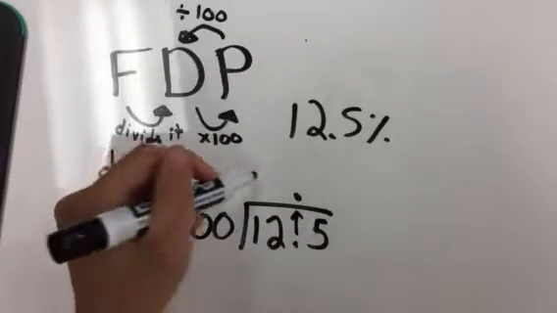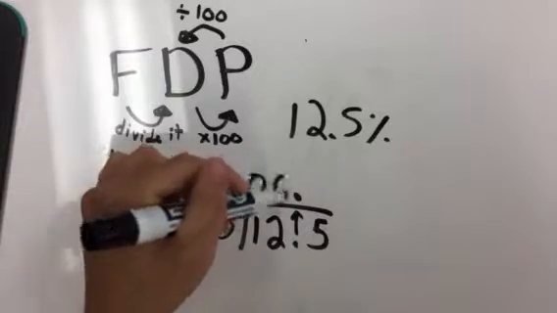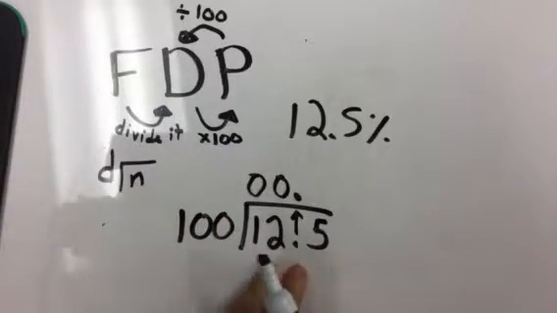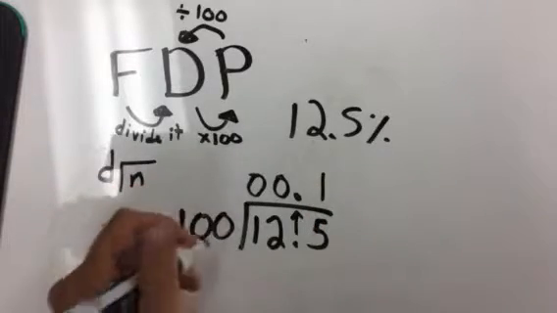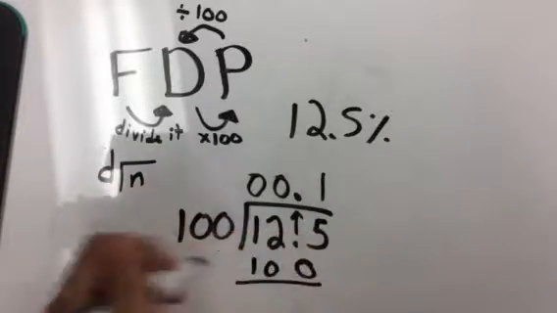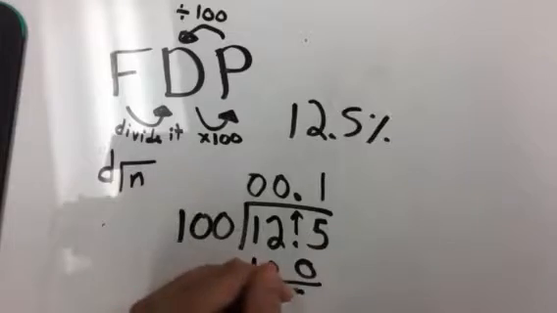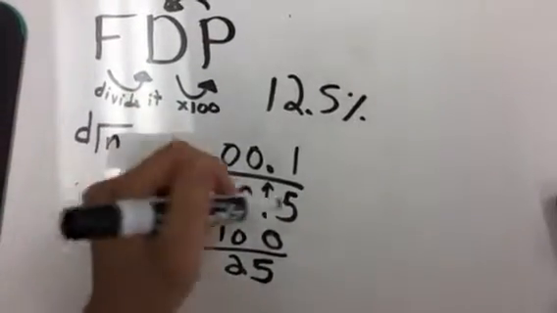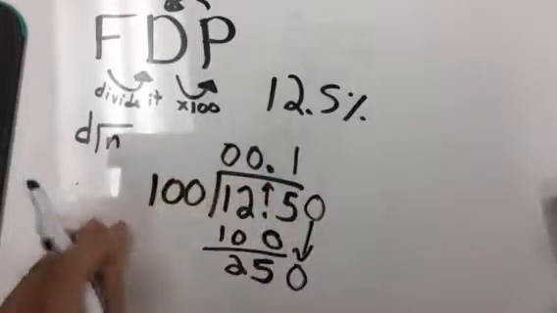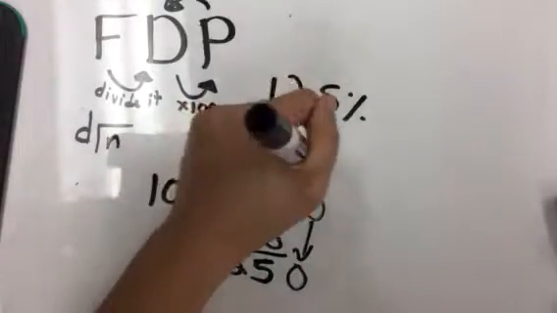Well, 100 doesn't go into 1, it doesn't go into 12, but it goes into 125 one time. 1 times 100 is 100. Then you bring down the other numbers. 100 goes into 250 2 times.